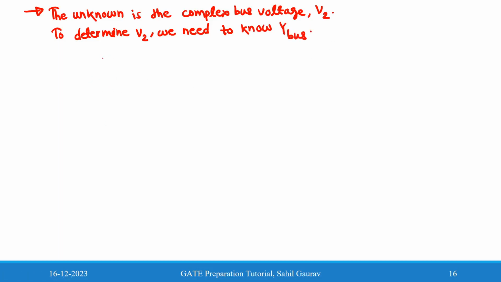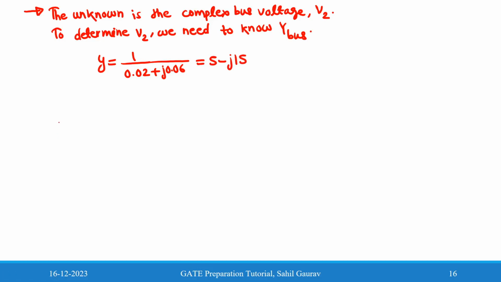So the admittance of the line is 1 divided by 0.02 plus j0.06, which is 5 minus j15.